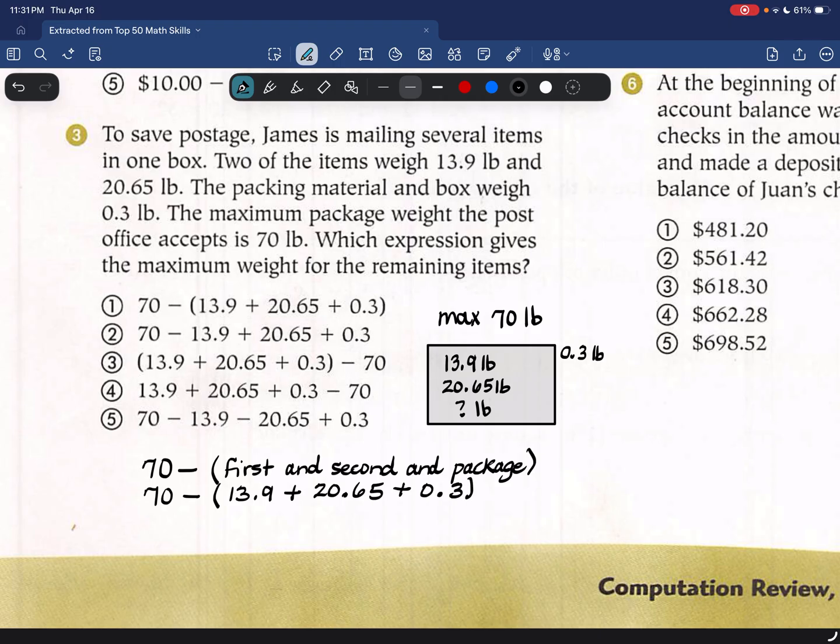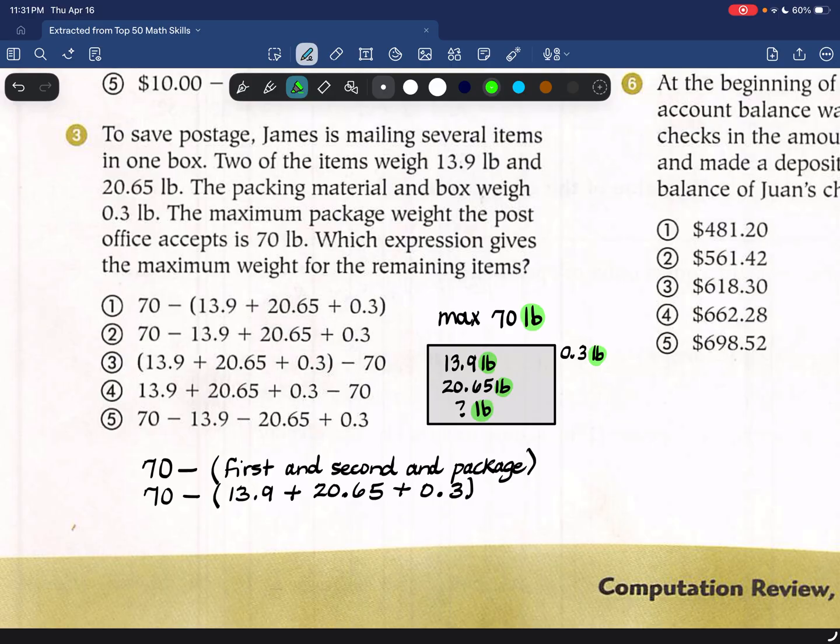And one thing you would want to be very careful about is that everything is in terms of the same unit. And in this case it is. Everything is pounds. If you had ounces or kilograms or something in there, you would have to adjust that so that they're all the same. But they are all the same.